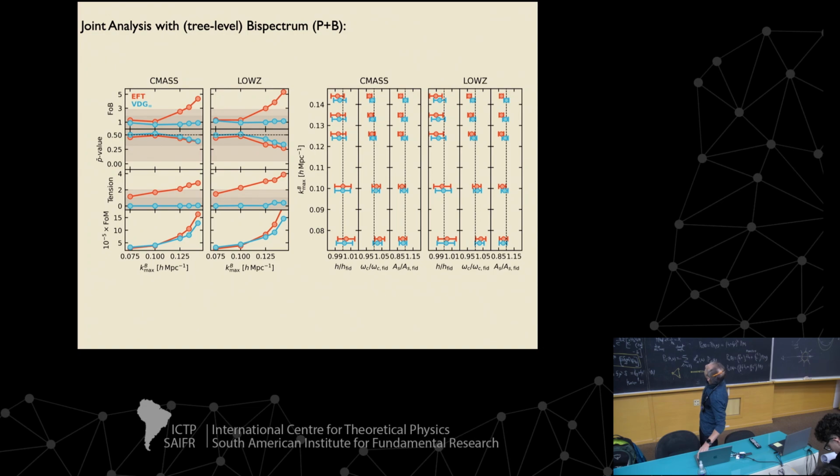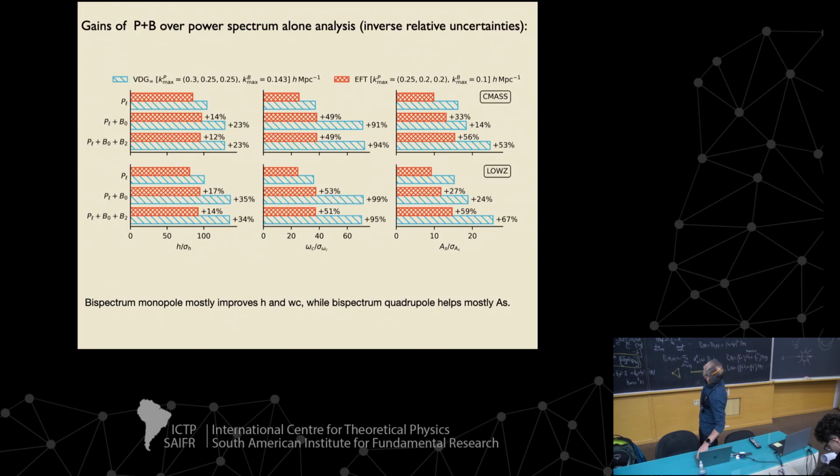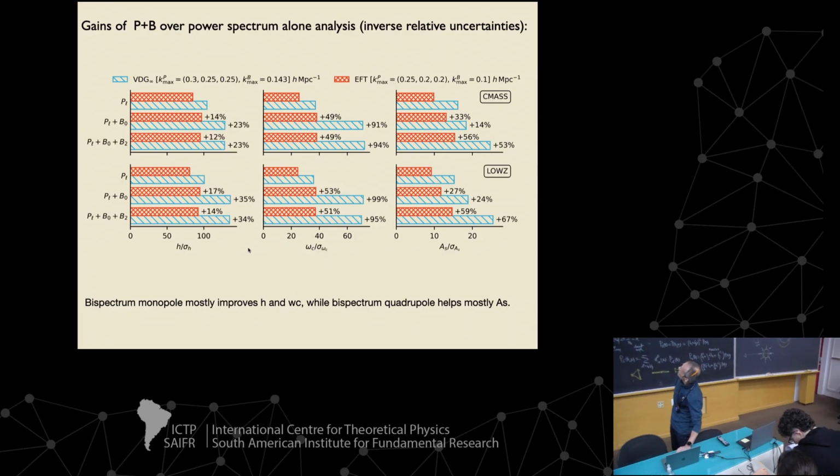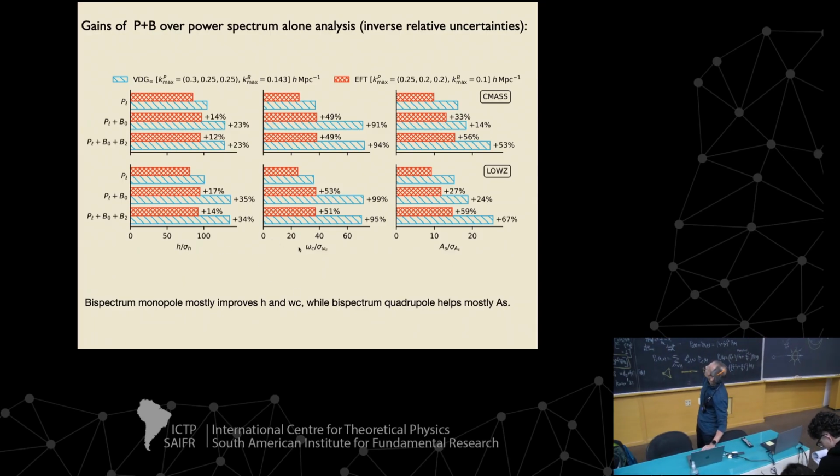Again, this is probably one of the last slides. Again, concentrate on the light blue. You can see for each cosmological parameter, this is Hubble, this is omega cold, and this is the amplitude of the scalar spectral index. The bispectrum is also anisotropic in redshift space.